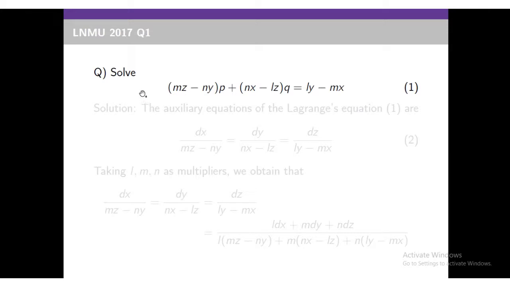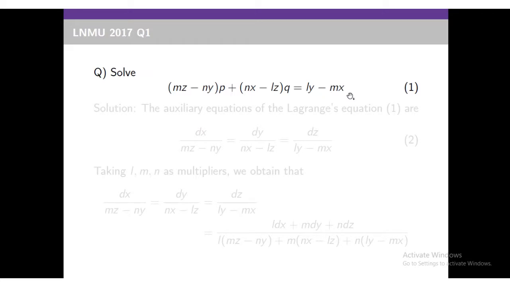The first question is the Lagrange's partial differential equation, which is basically in the form capital P into small p plus capital Q into small q equal to R. If you compare this equation with the standard form, then you will find that the value of capital P is mz minus ny, the value of capital Q is nx minus lz, and the value of capital R is ly minus mx.